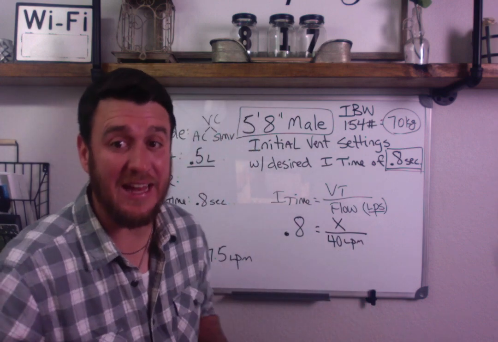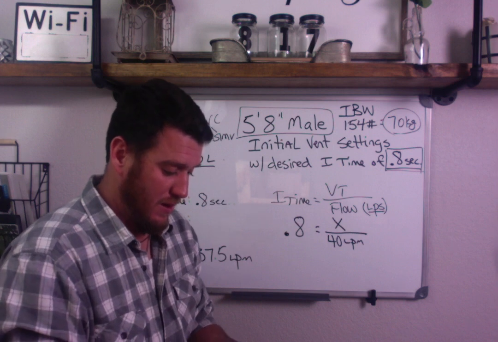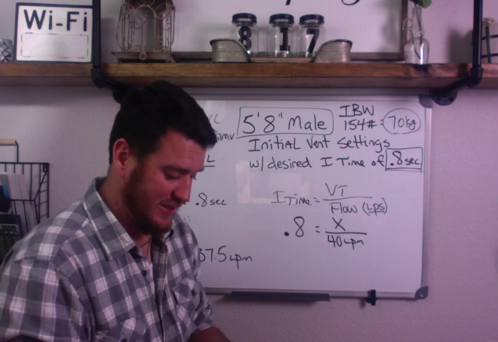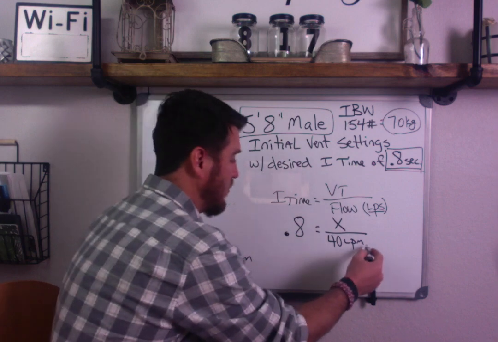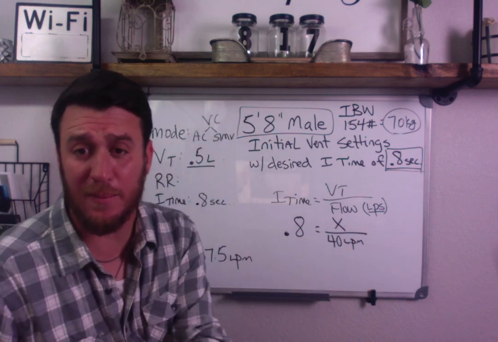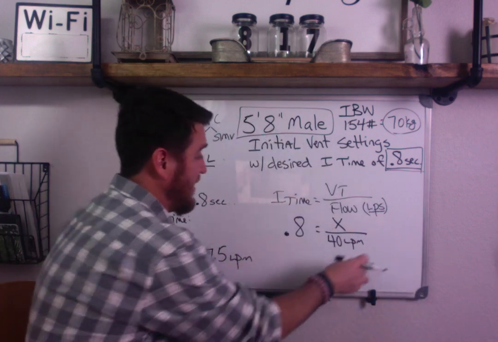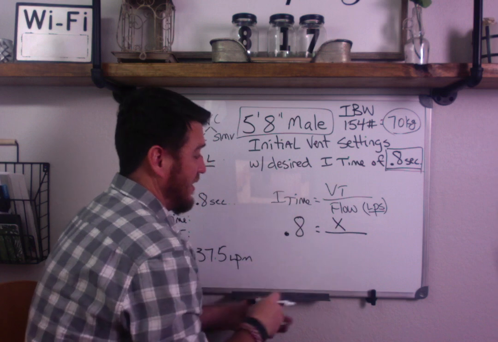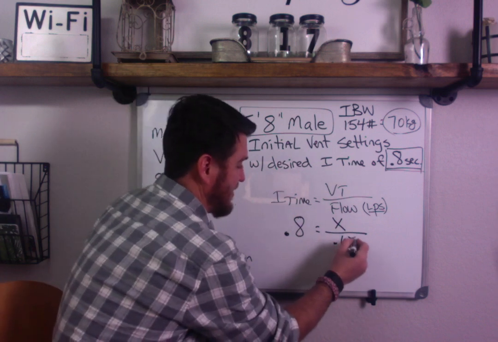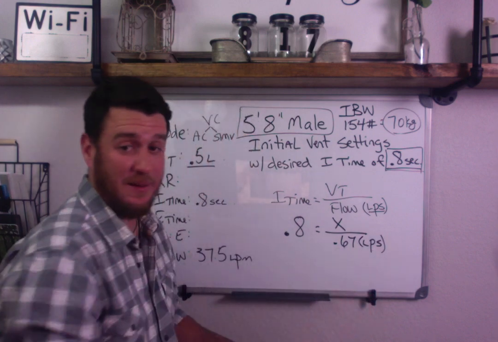Now remember, we got to get that into liters per second, so we do 40 divided by 60 equals 0.666666. We're going to call it 0.67, okay? So we're going to do 0.8 equals X divided by 0.67. And this is flow in liters per second.